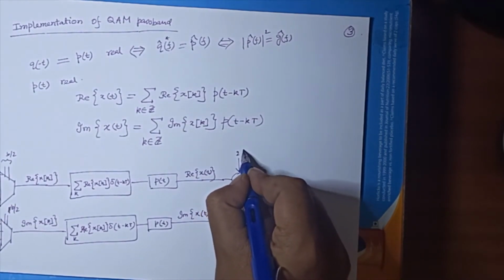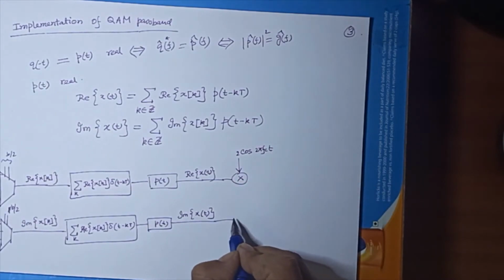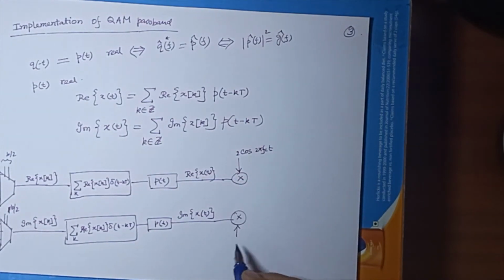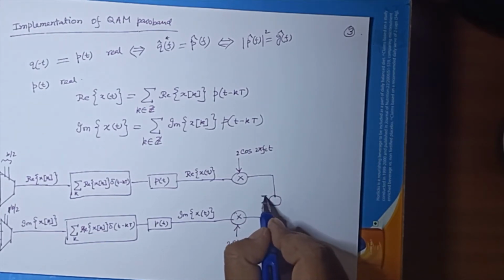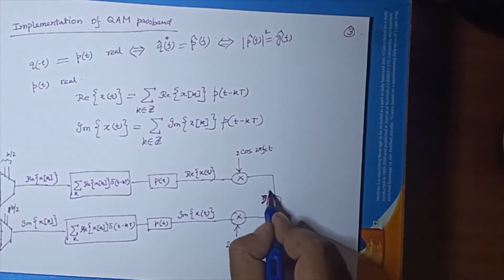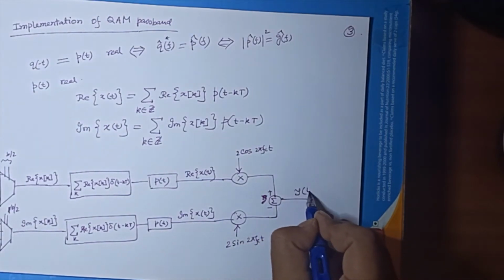So 2 cosine 2 pi fct multiply 2 sine 2 pi fct, and then add them but with a negative sign for the sine. This is plus, this is minus, and then it is your yt.